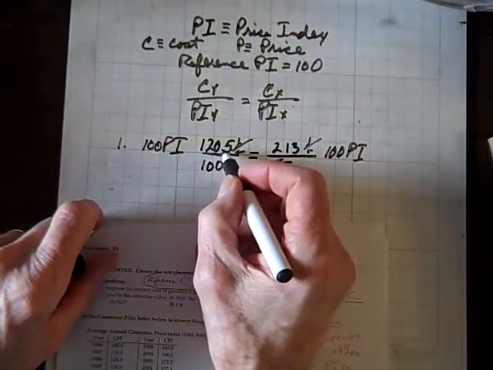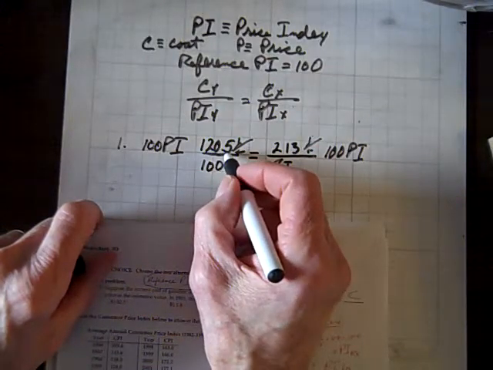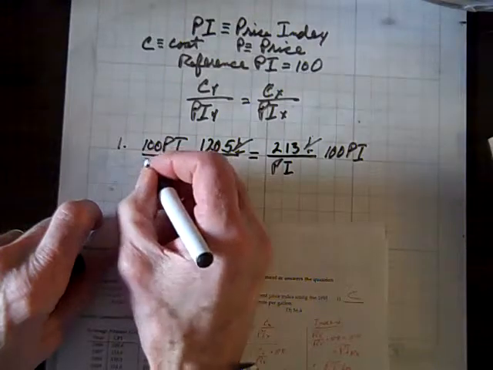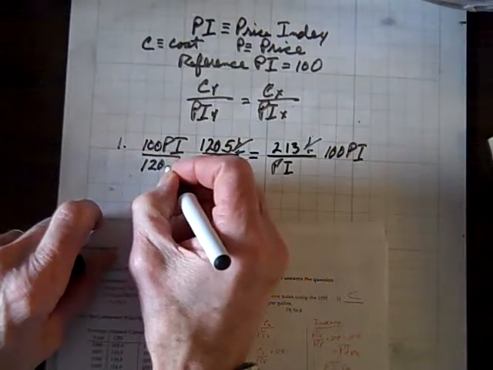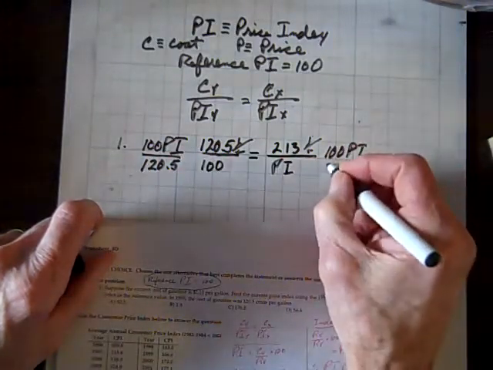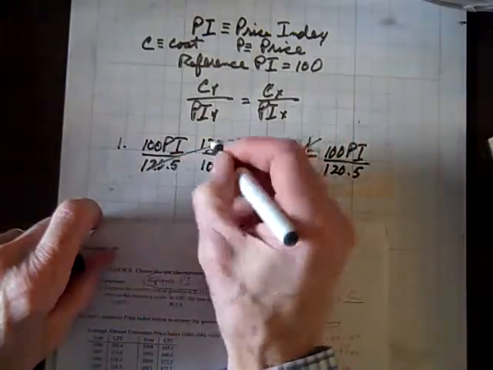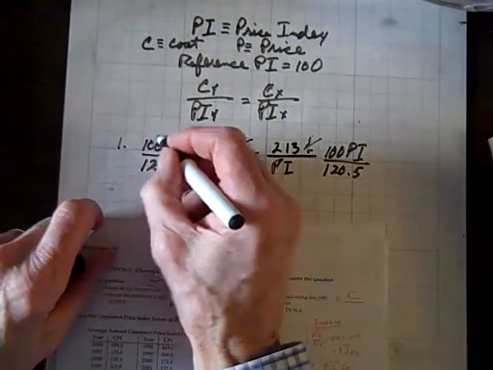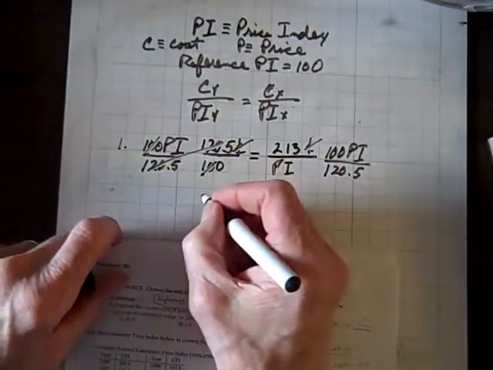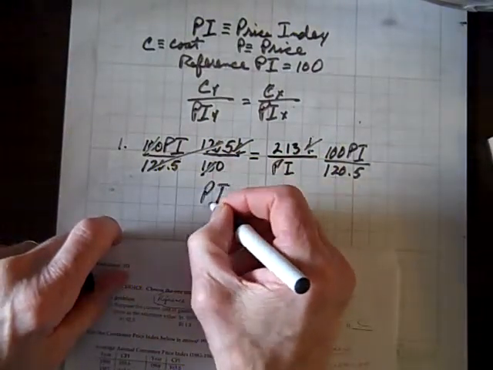And we'll also divide both sides by 120.5. And now the 120.5s divide out, the hundreds divide out, and we've isolated PI.